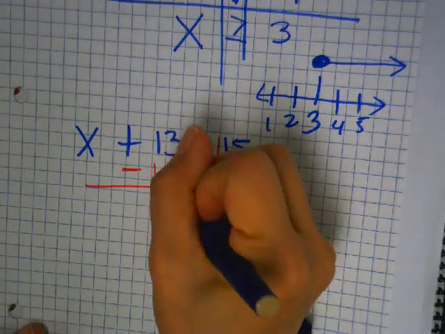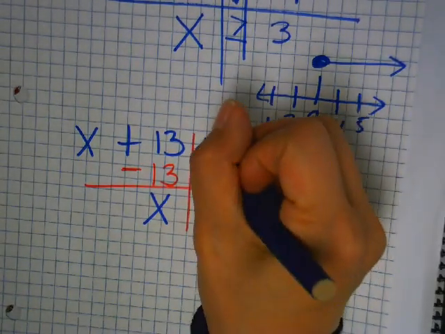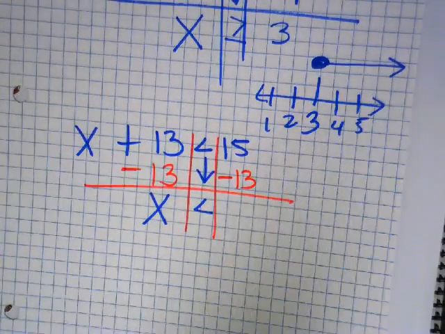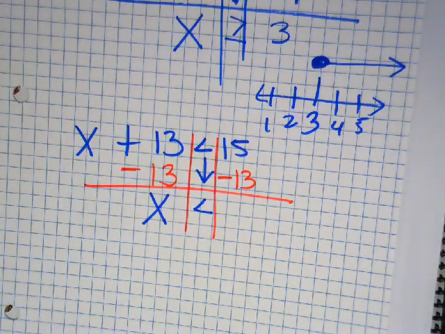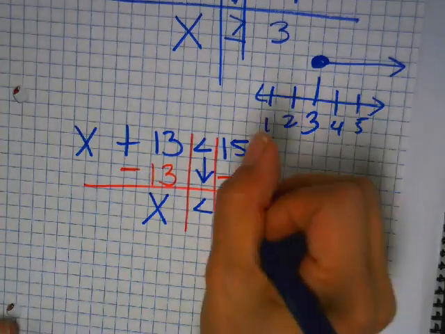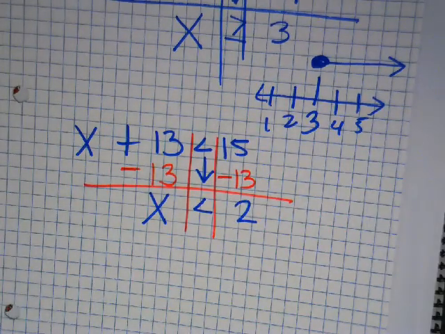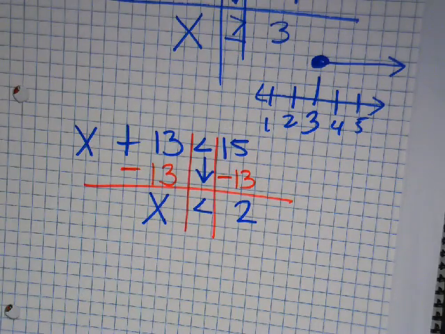So we have X. Bring this down. And then you do the math. What's 15 minus 13? 2. And that's it. So you look at what they give you, and you do the opposite. What's the opposite of addition? Subtraction. And then you just subtract.